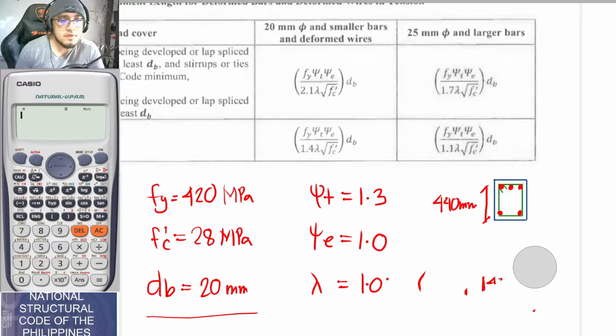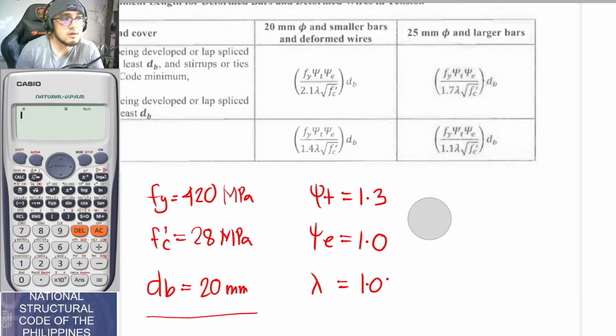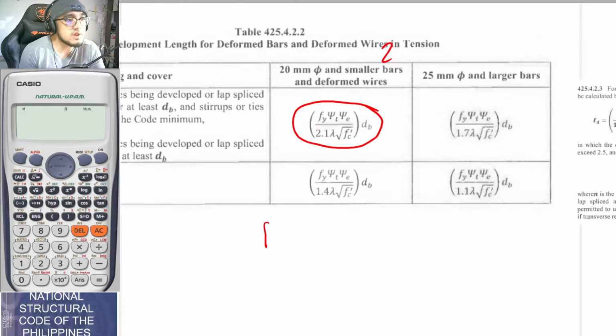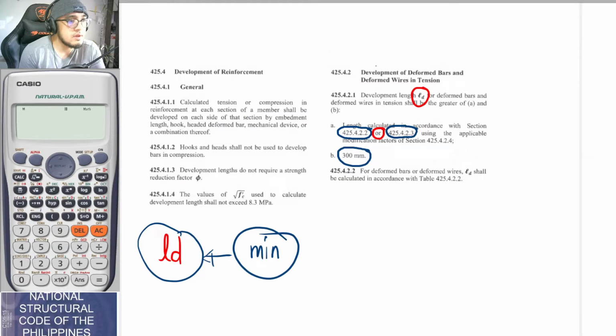Okay, so with that, this is now to be equal to 1.3. Another thing which I did not discuss earlier: we also have a provision here at this part. For 5.5.4, we have a provision saying that the value for your square root of Fc prime should not be greater than 8.3 megapascal.